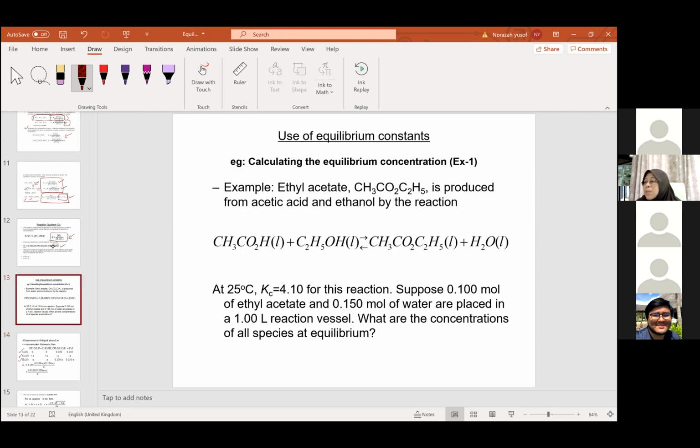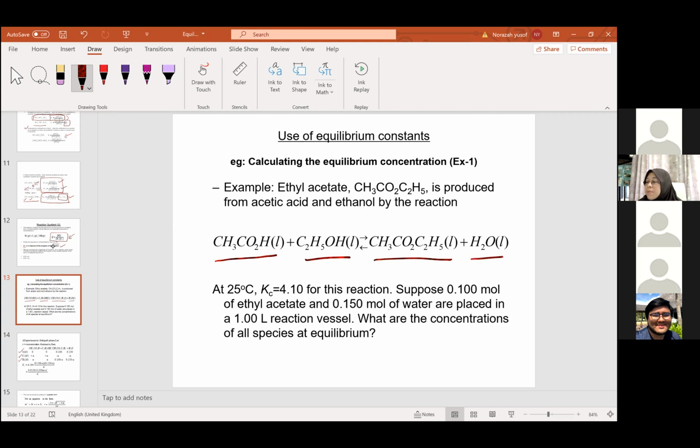So if you look at the questions, ethyl acetate is produced from acetic acid and ethanol by the reaction. Okay, which one is acetic acid? Which one is ethyl acetate? Okay, because it is given. So this is ethyl acetate produced from acetic acid and ethanol, forming ethyl acetate, which is ester, and water.